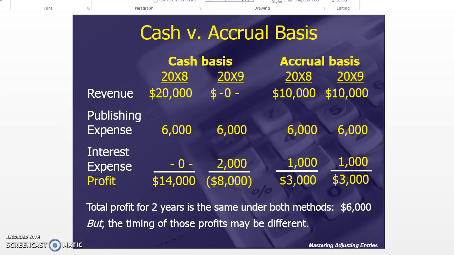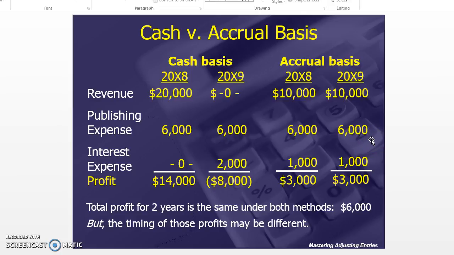Since this is a magazine, these have to be published timely, so they're done in the correct year. So in 2008, they needed to spend $6 times 1,000 subscriptions, or $6,000, and they paid for them in 2008. Likewise in 2009. Because the expense and the timing of the payment happen at the same time, our two methods of accounting are going to result in identical expenditure amounts over the 2 years.